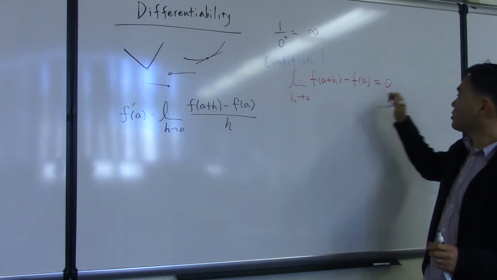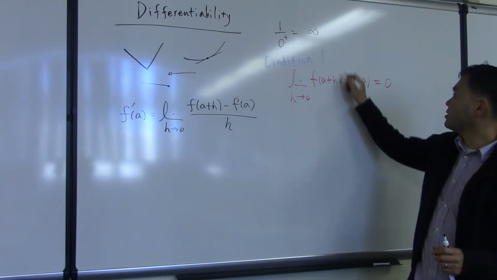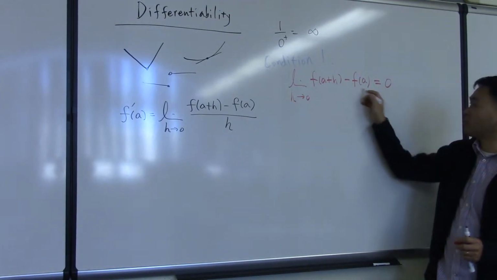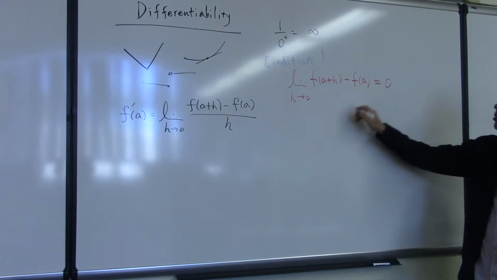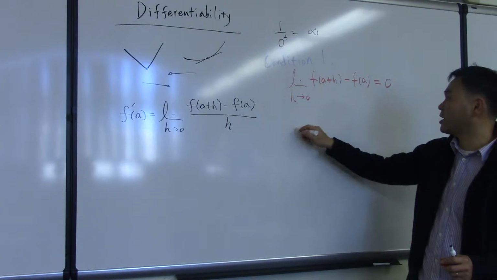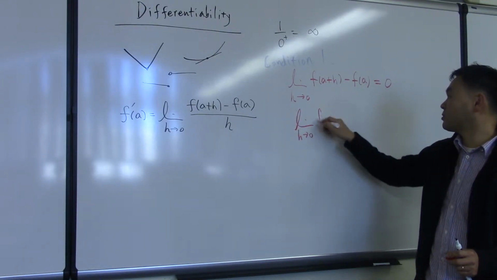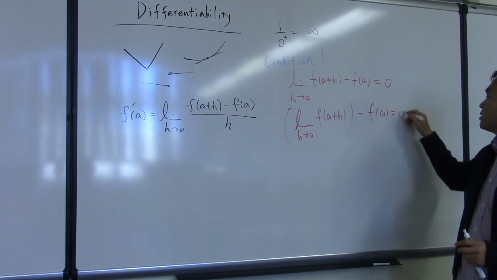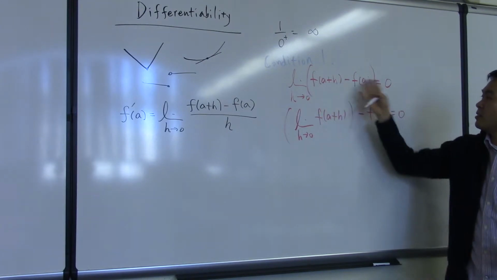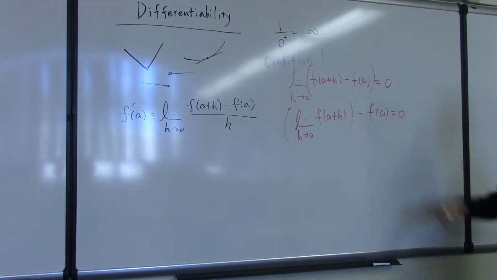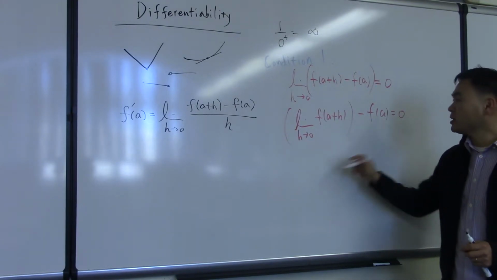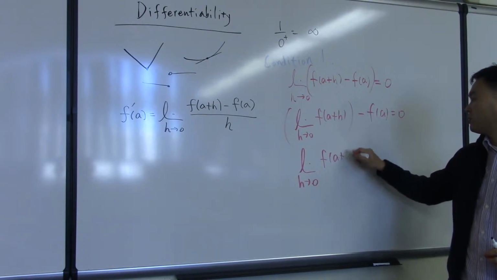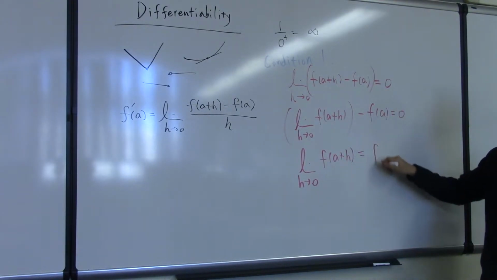Now for this to be 0, f of a is just a constant number, so it doesn't change as h goes to 0. So this is the same as saying the limit as h goes to 0 of f of a plus h, after which you subtract f of a. Which means the limit as h goes to 0 of f of a plus h equals f of a.